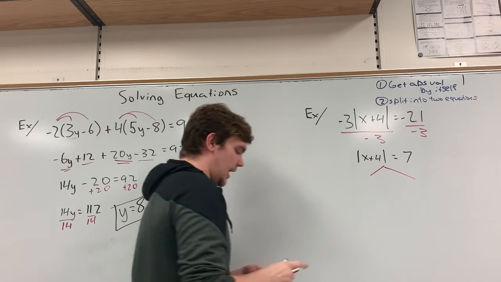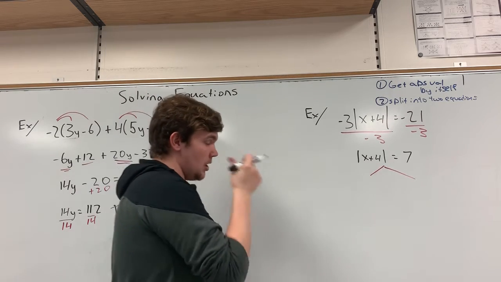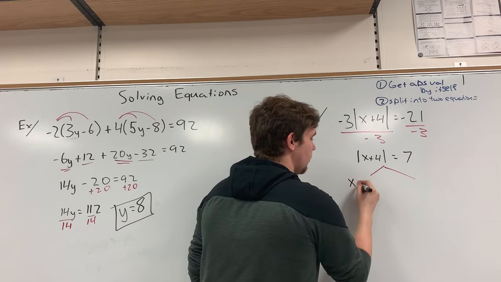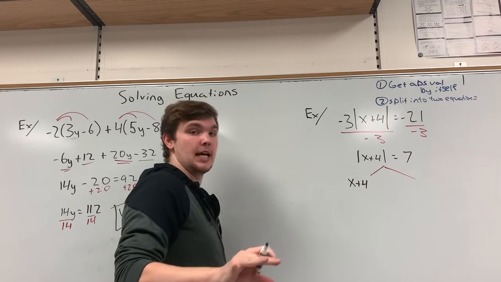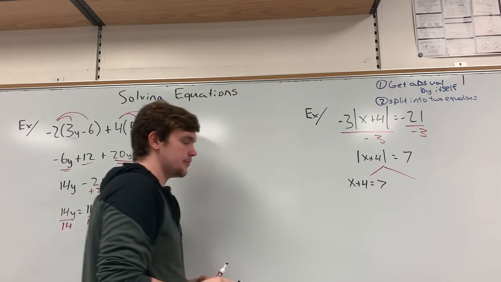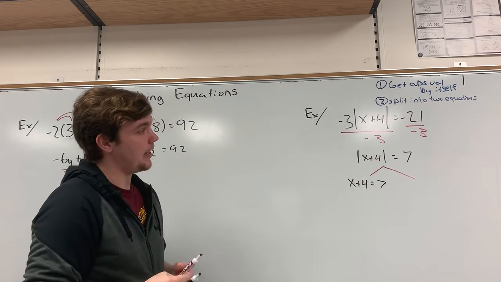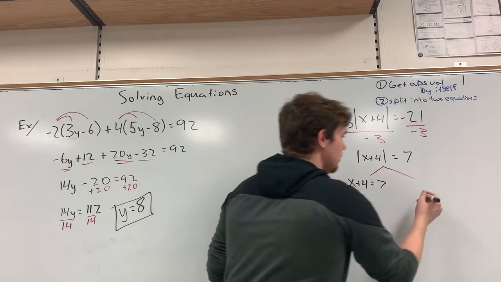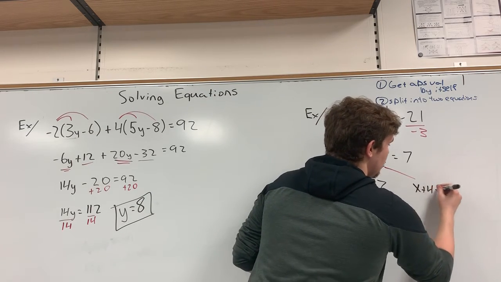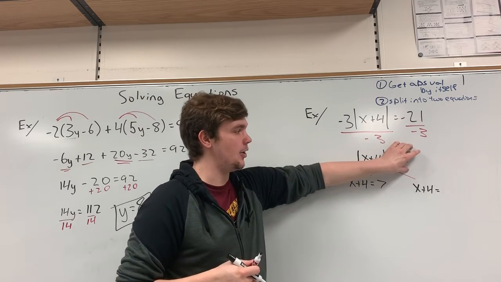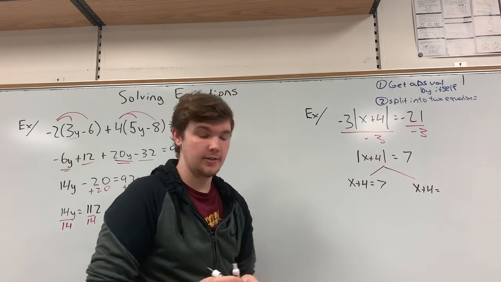I'm going to split this guy up into one equation will be the absolute value of just x plus 4. Right? Get rid of those absolute values. And that equals 7. And then my other equation is going to be still x plus 4, but that will now equal, I'm going to make this entire side over here negative, right?